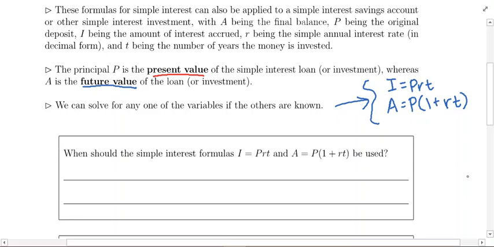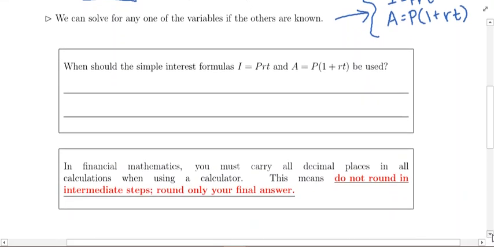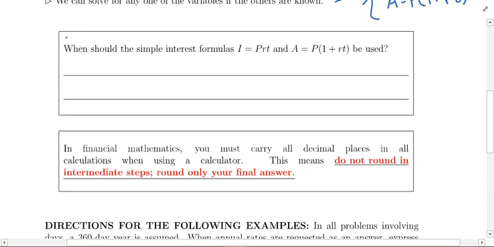All right. Last thing we're going to do before we start doing examples. I promised you in this box right here, we are going to talk about when the simple interest formulas, I equals PRT and A equals P times 1 plus RT, should be used. At the end of the day, all 4 sections from chapter 3 will be mixed up. You've got to be able to recognize simple interest problems.